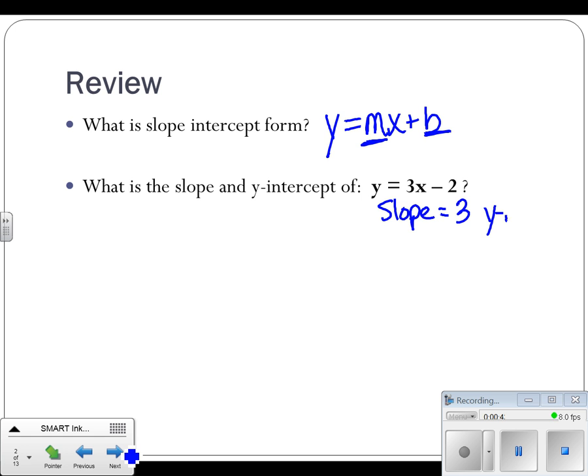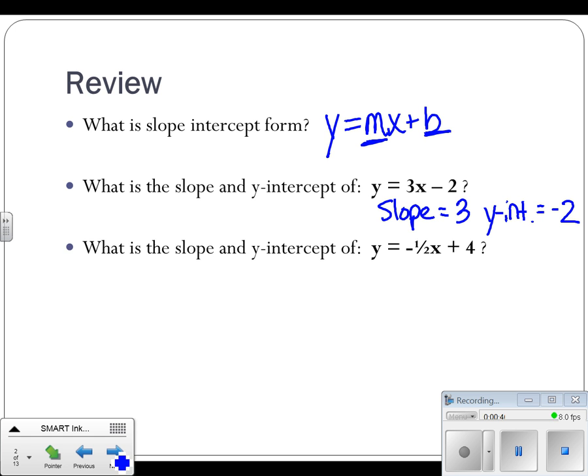The y-intercept is negative 2. What is the slope and the y-intercept of y equals negative 1/2 x plus 4? The slope is negative 1/2. The y-intercept is 4.